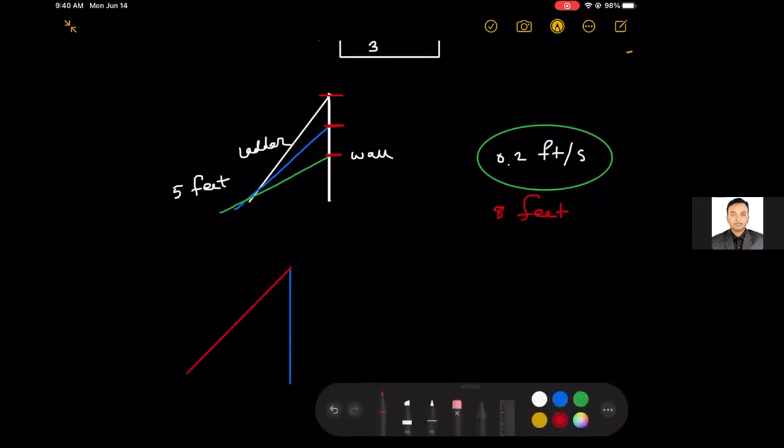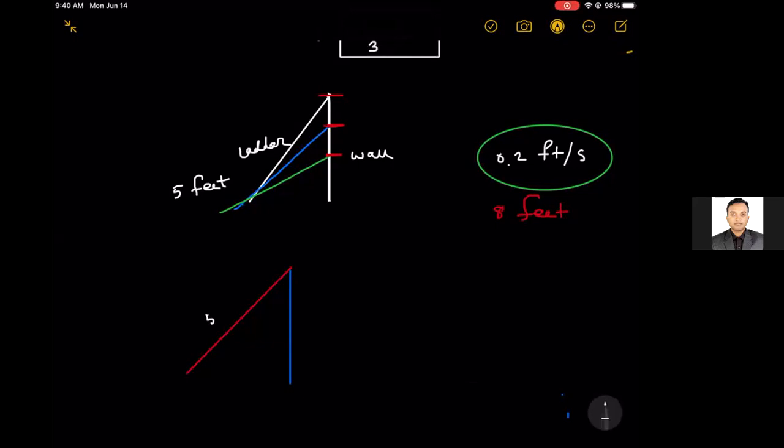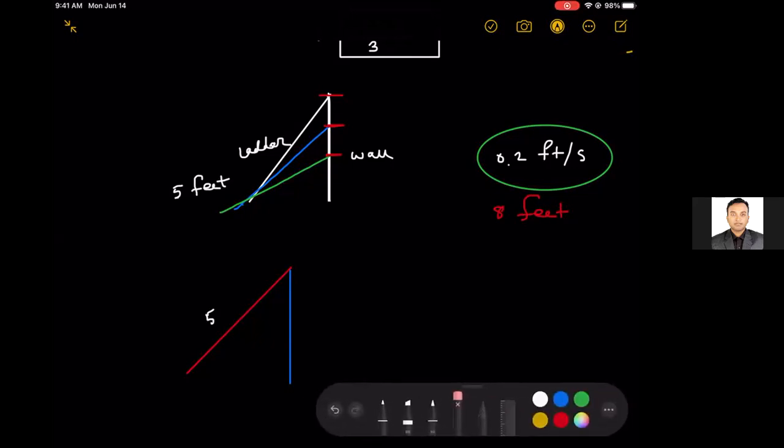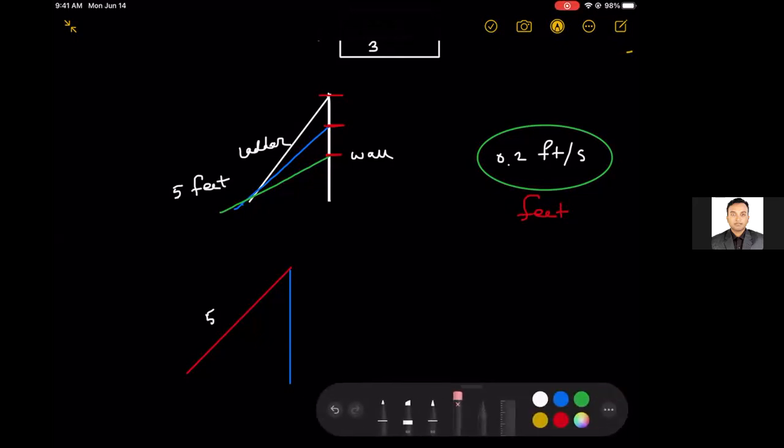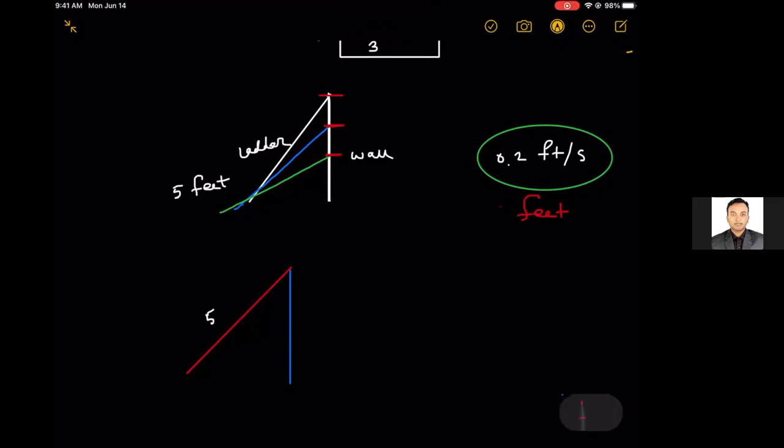Okay, and the length of the ladder is given, which is 5 feet. And I shouldn't say 8 here. I should say rather 4. I should say it's 4 feet. All right.